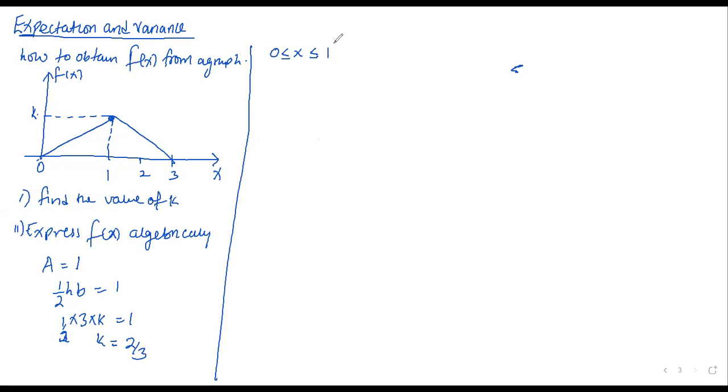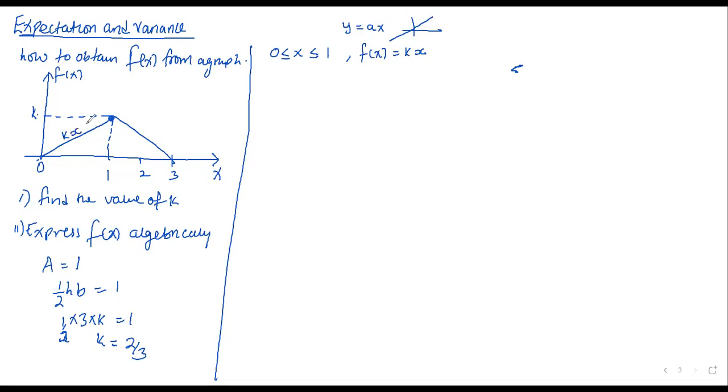How is it a straight line graph? It's a straight line in a way that f of x depends on k times x. When you have a line y is equal to ax, that line passes through the origin. So ideally, this is kx.